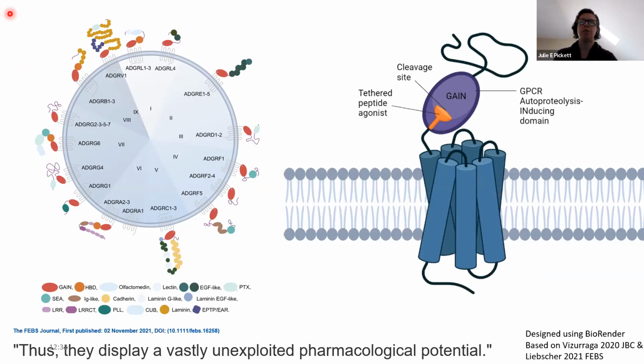I'm not going to go through all of this, but it lets you see what makes adhesion GPCRs stand out. It also lets you know that part of the way these receptors are thought to be activated is through these N-terminal domains, which could even include interactions with other receptors or another cell, or pressure and things like that.